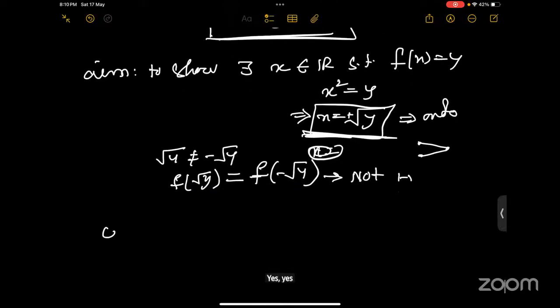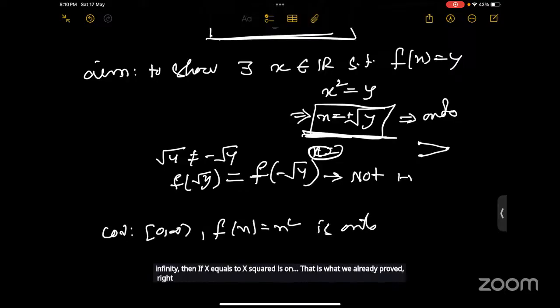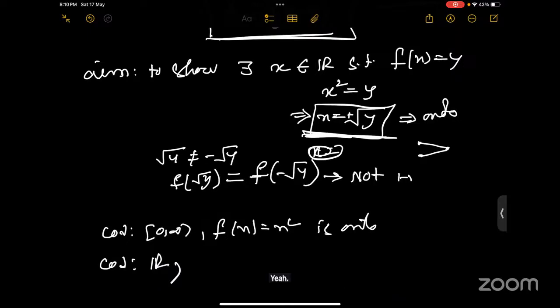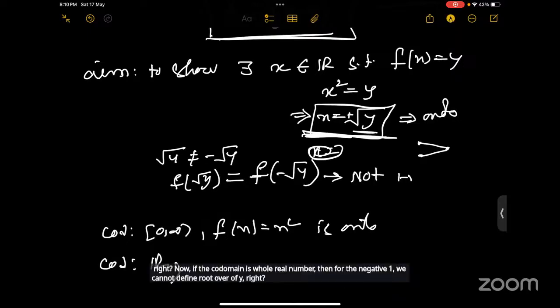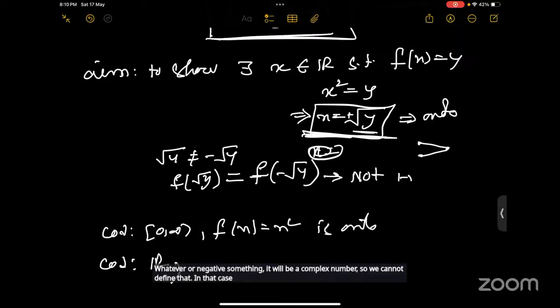If the codomain is 0 to infinity, then f(x) equals x square is onto. That is what we already proved, right? Now, if the codomain is the whole real numbers, then for the negative values we cannot define root over y. Root over a negative number will be a complex number. So we cannot define that. In that case, this function is not onto.